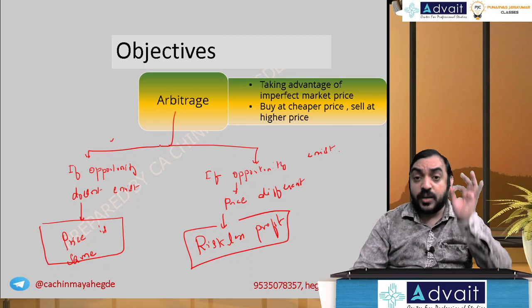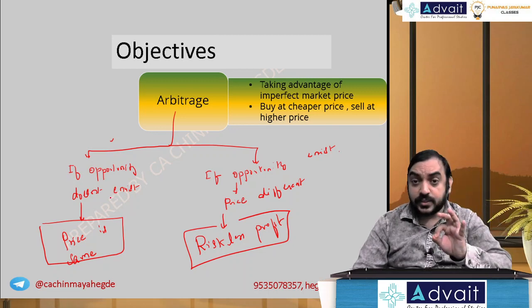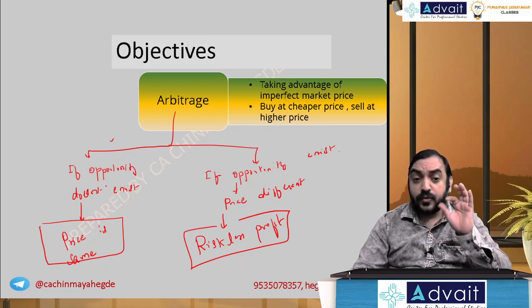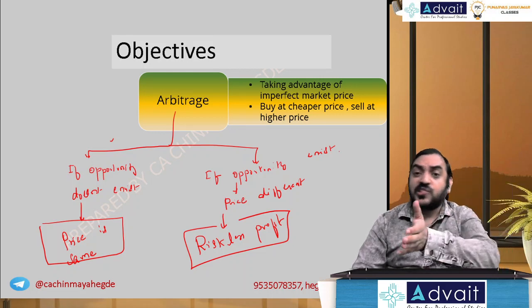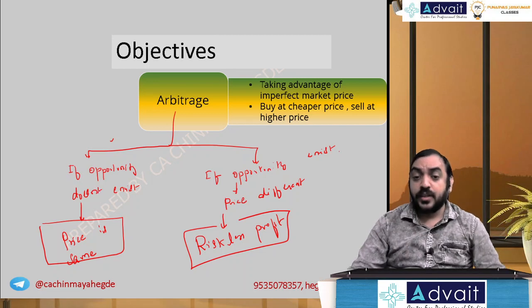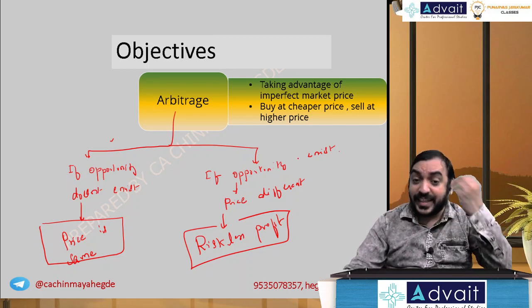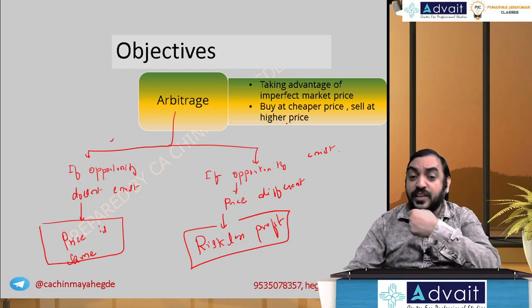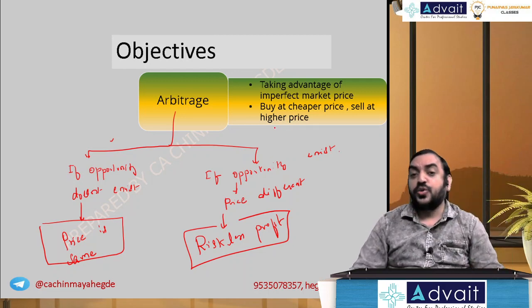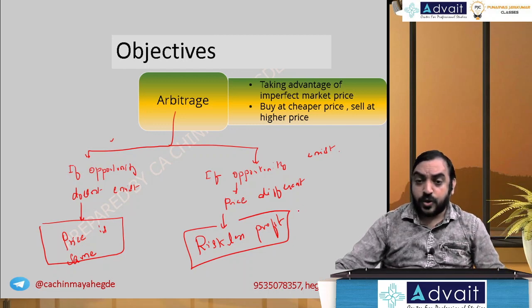So, when the arbitrage opportunity exists, there is profit; when the opportunity does not exist, price is same. You can't buy in one place, sell in another place, you can't make profit. If arbitrage opportunity exists, then the price is different and thereby you can buy at a cheaper price, sell at a higher price, thereby you can make riskless profit, or you can say guaranteed profit, or you can say certain profit.